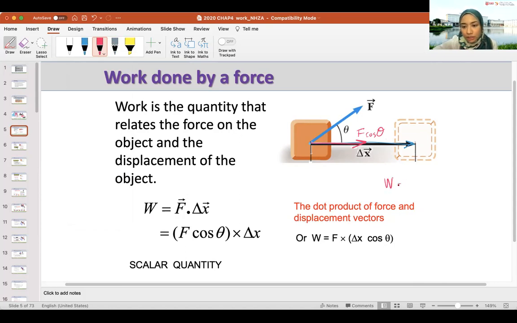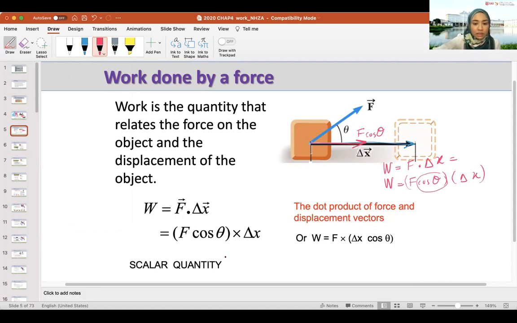So work done is F cosine theta multiplied by delta x. Where did the dot product go? The dot product I have already expanded into cosine theta. So if I want to write it like this, F dot delta x, when I expand it, it becomes F cosine theta delta x. It's the same thing.